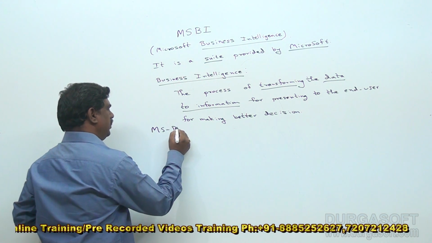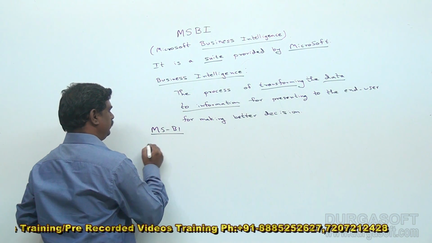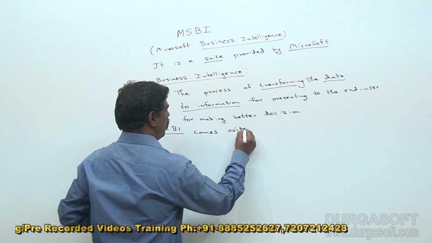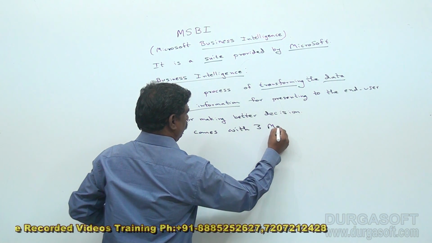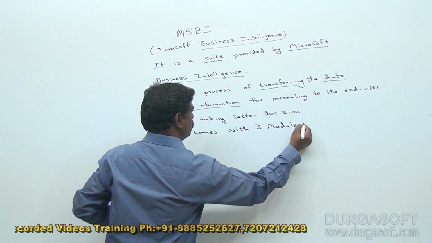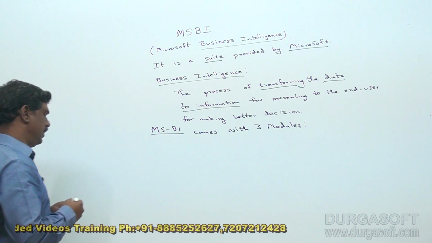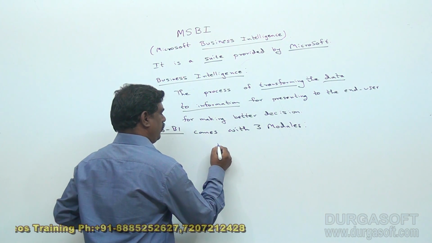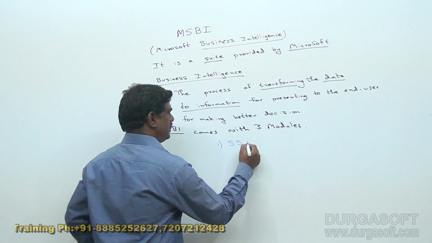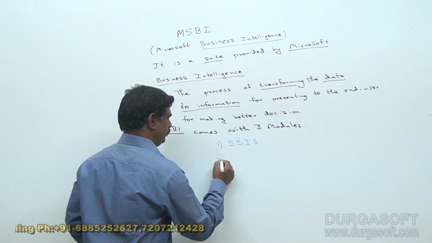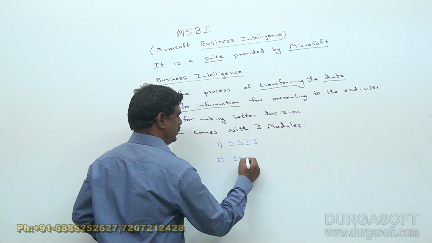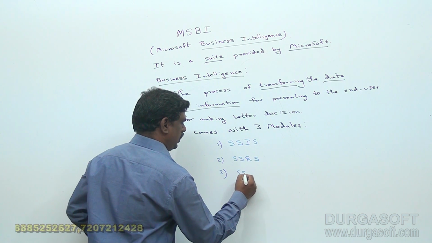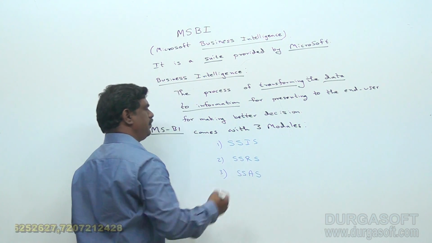This MSBI comes with 3 modules or 3 tools. What are those tools? They are SSIS, SSRS, SSAS.